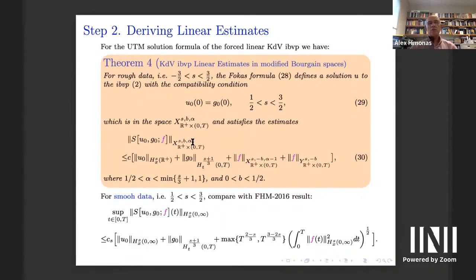The modified Bourgain norm, X^{s,b}_alpha, restricted to R plus times (0,t). This is where we get the data restricted there. It's bounded by the same norms that we had before in the smooth case of the data, initial and boundary data.